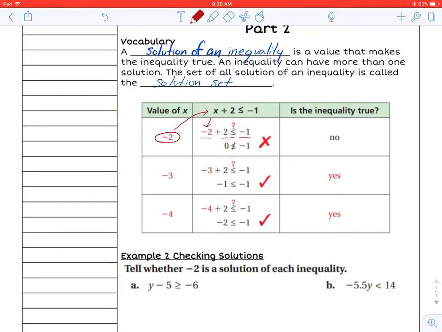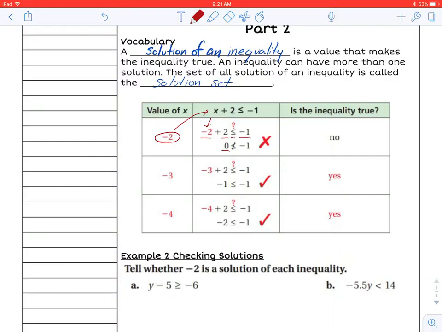Well, -2 plus 2, because those are opposites, is just going to add up to 0. We're not doing anything to the -1 on the other side because we didn't add anything to the left side of the inequality. The only thing we did on the left side is simplify it by adding the like terms. -2 and 2 are both integers, so we can add those like terms together. After that, we get that 0.